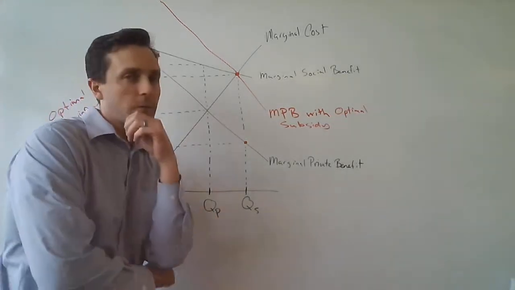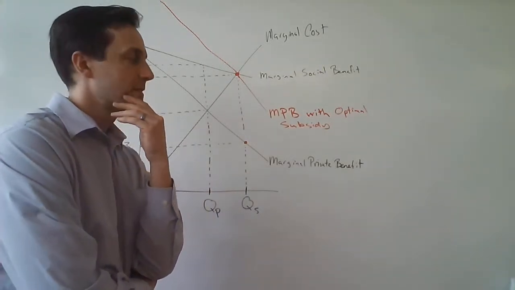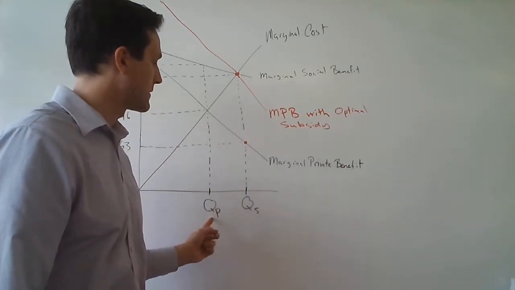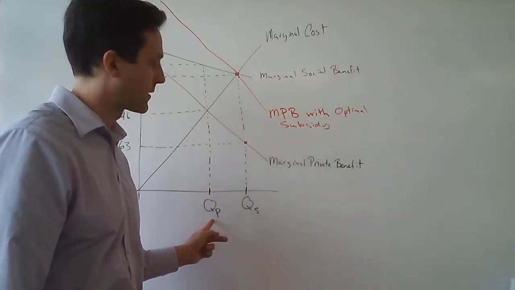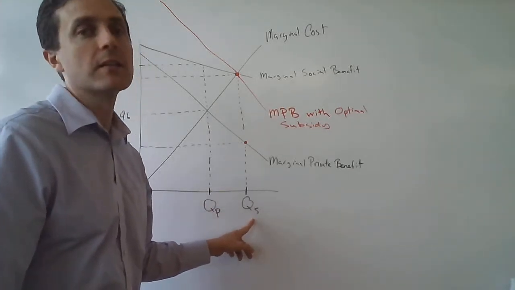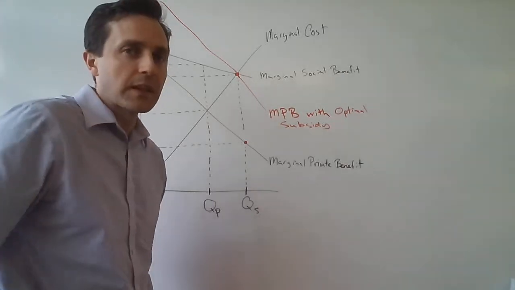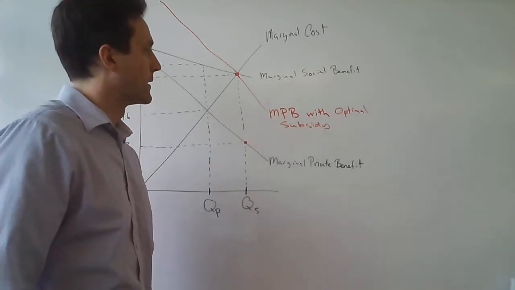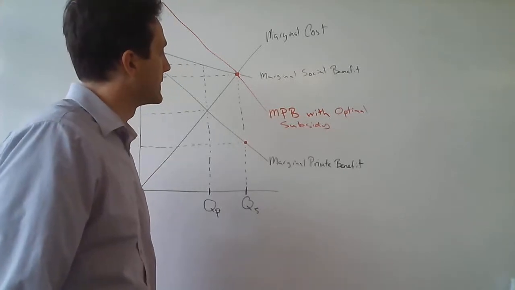And again, what we're looking for is a subsidy that would induce the private individuals in this market to increase the quantity of output from QP, the privately optimal quantity, to the socially optimal quantity Q sub S. So what does a subsidy do? A subsidy is money paid by the government to somebody who produces or somebody who consumes a good.